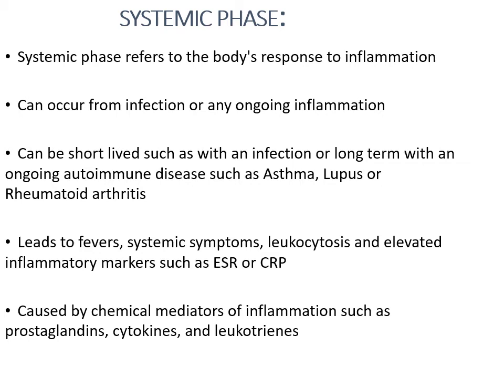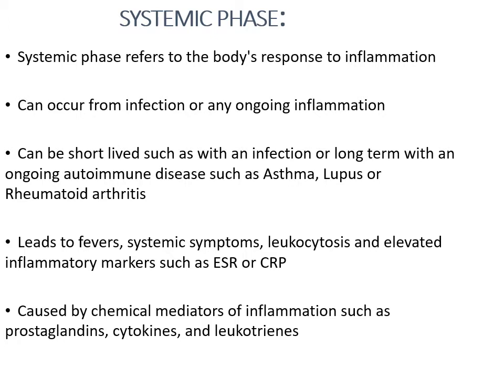Okay, so let's talk about the systemic phase of inflammation. The systemic phase is really talking about the entire body's response to inflammation. If you just have a tiny splinter at the end of your finger, that's going to cause local inflammation.